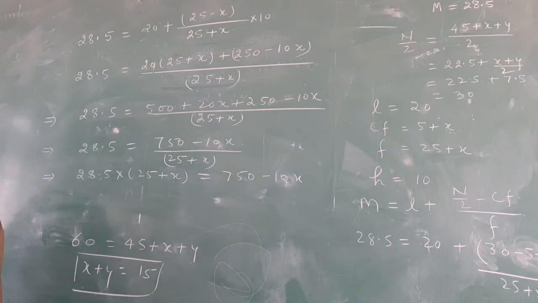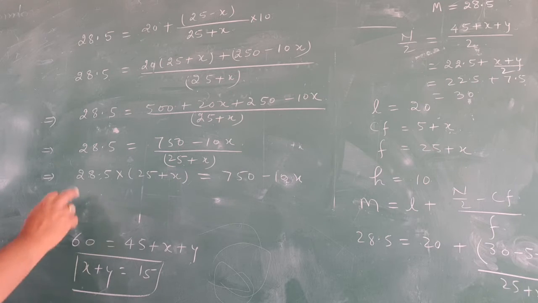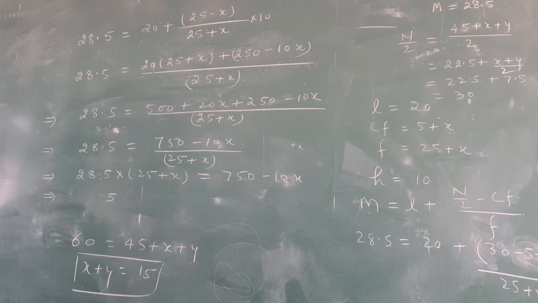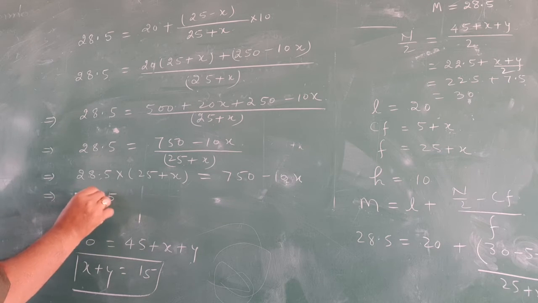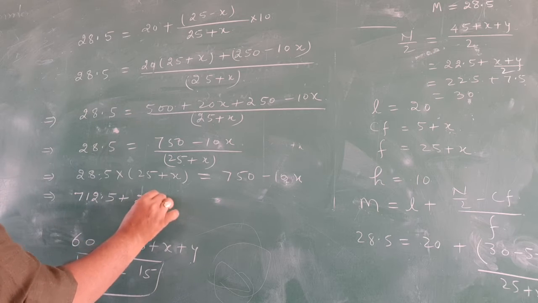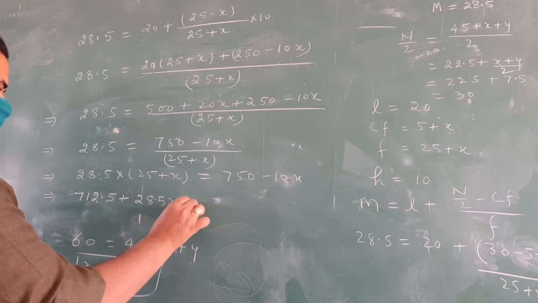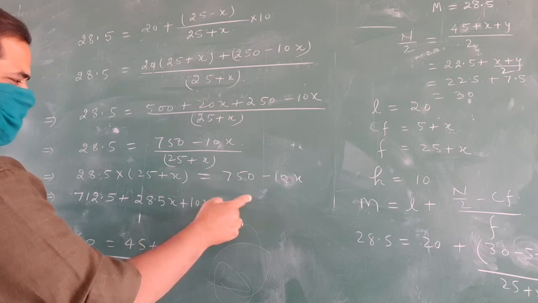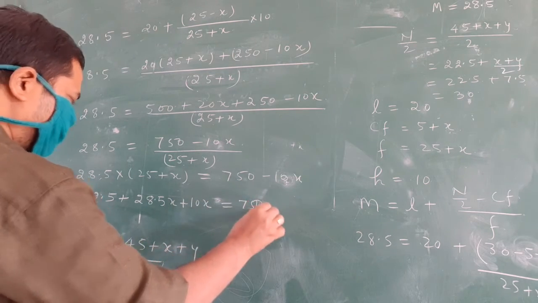The calculation is a bit strong. So this is 28.5 into 25. How much? 25 times 5 is 125. 712.5. Very good. Plus 28.5x, plus 10x. And this is 750.